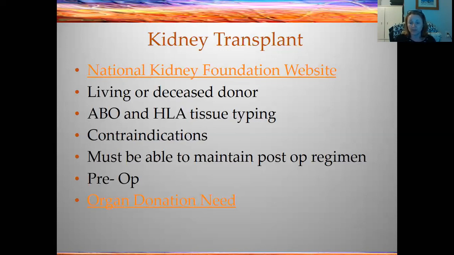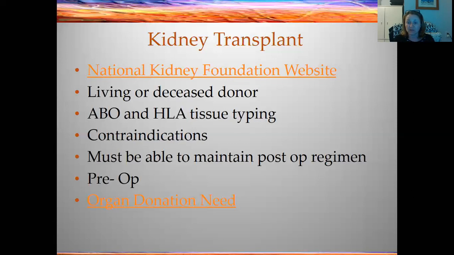So prior to transplant, there's going to be a very detailed physical examination of both the recipient and the donor. Tissue typing, blood typing, and antibody screening are performed to determine the compatibility of the tissues and the cells of the donor and the recipient, to improve their chances of not rejecting that kidney.